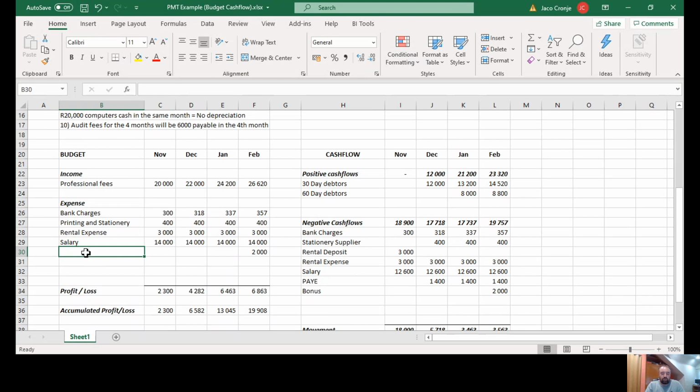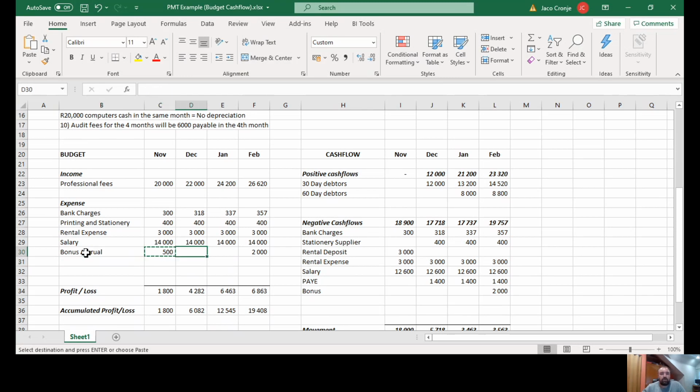So we call it a bonus accrual on the income statement or on our budget. What we then do is take 2,000 and divide it by 4, because there are 4 months in our budget.